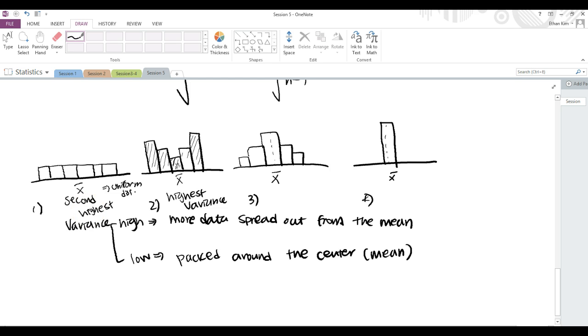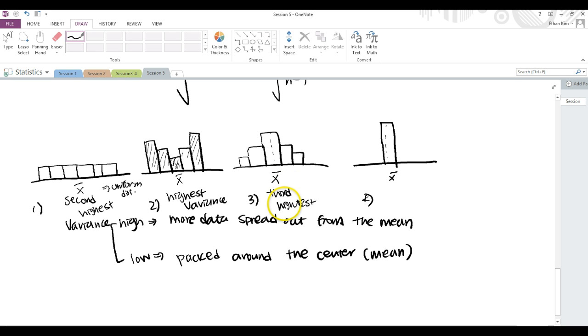So this is going to be the second highest, but definitely less than the second case. Why? Because you have less data on these two tails, each end of the graph, but this one has more data spread out on these two ends, right? And the third highest will be number 3.